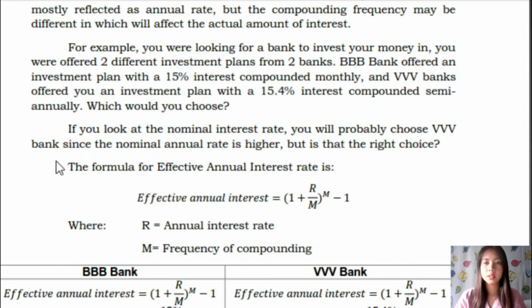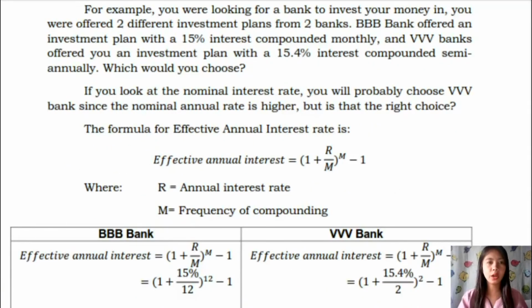Okay? So, since mas higher nga naman siya ng 0.4. But, yun nga ba ang tamang choice? The right choice? So, the formula for effective annual interest rate is 1 plus the R, or the annual interest rate, over the M, the frequency of compounding, raised to the M, less 1.